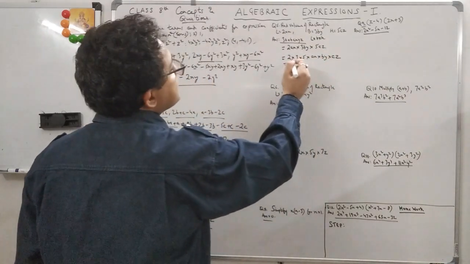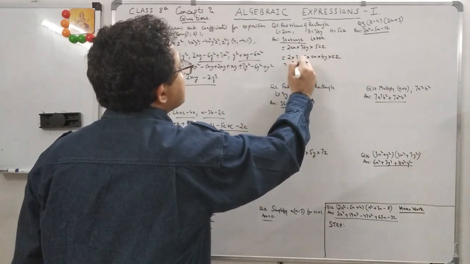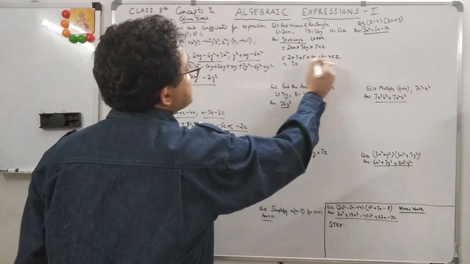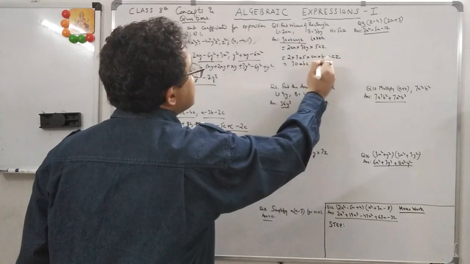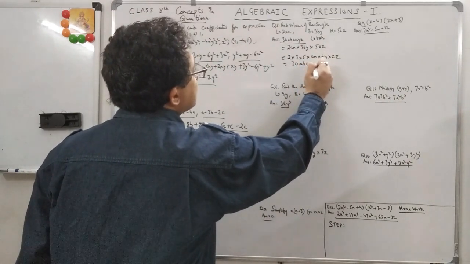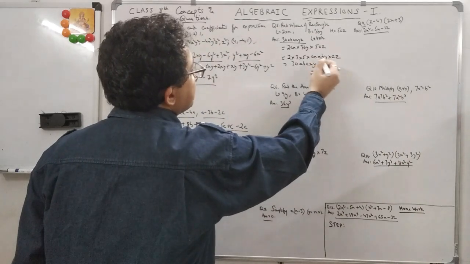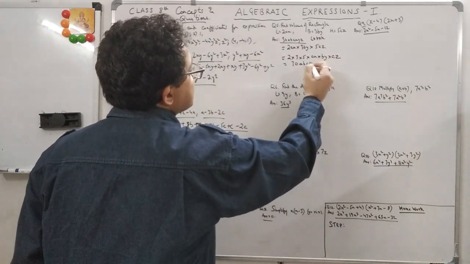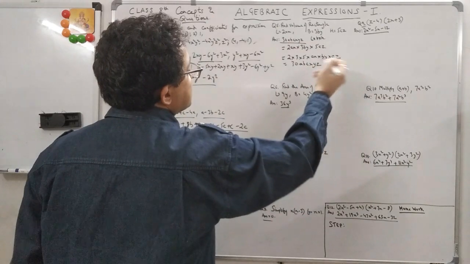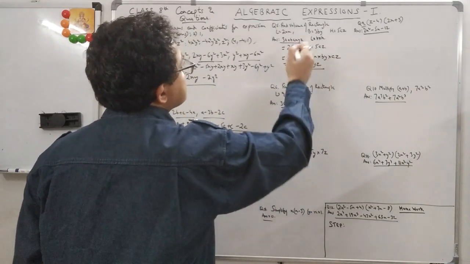This becomes 6 fives are 30. This becomes abcxyz. This is just a way of writing, because anyways abc can club, xyz can club. Otherwise these are all terms, because this is multiplication, this is the answer also.